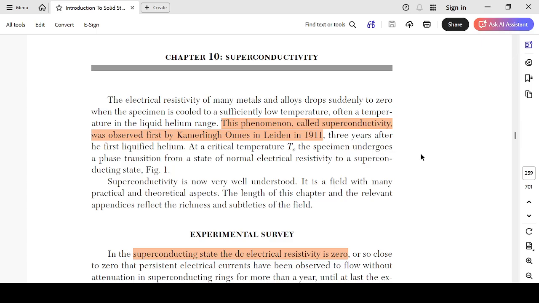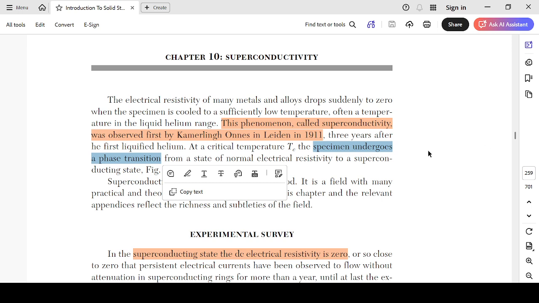The next point you have to keep in mind is that the specimen undergoes a phase transition.